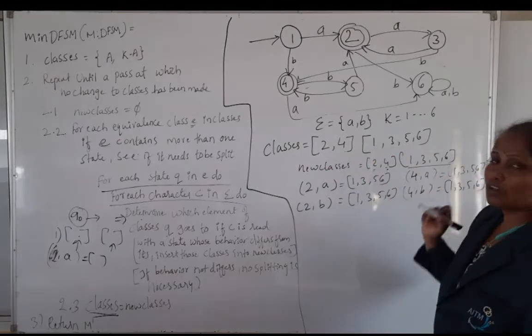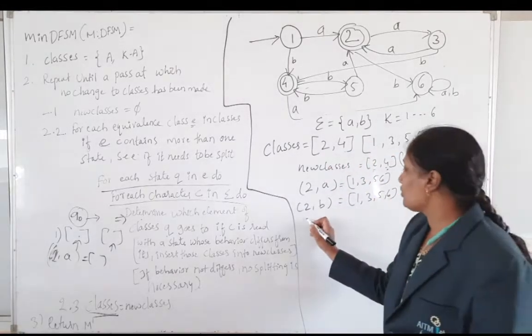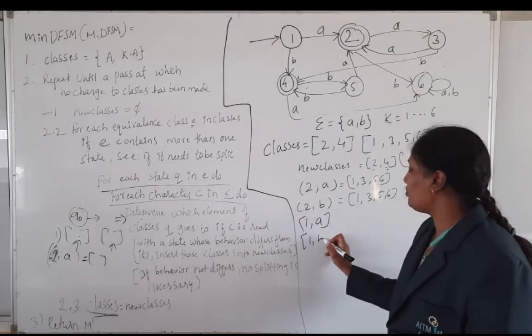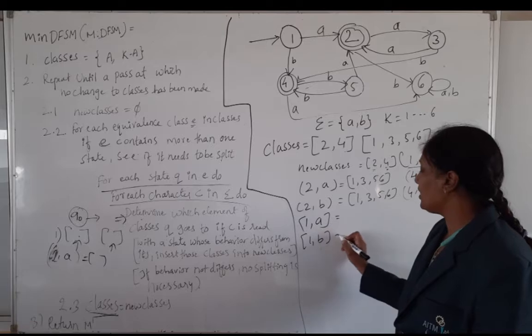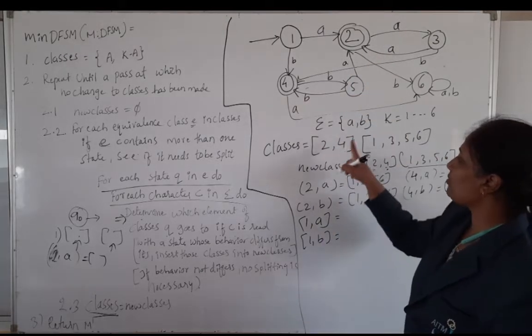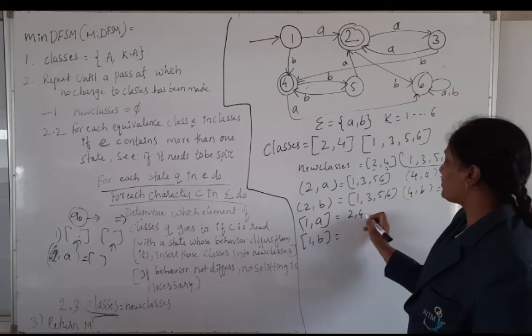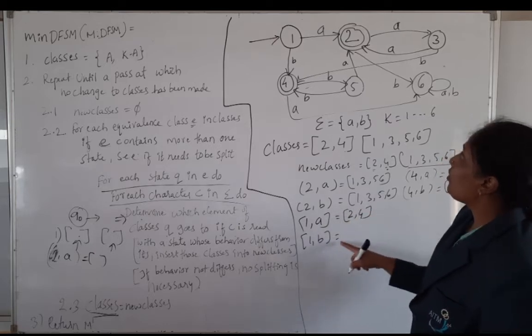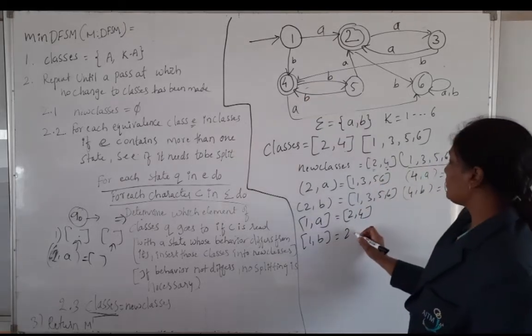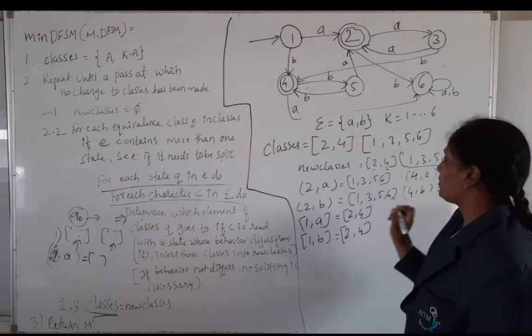Same you do for the second class also. 1 of A, where do you reach? And 1 of B? Identify that. 1 of A reaches 2, and 2 is a member of this class, so I will write the whole class 2, 4. 1 of B, again I reach 4, so 2, 4 here.